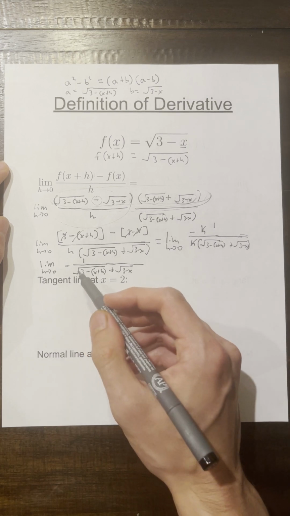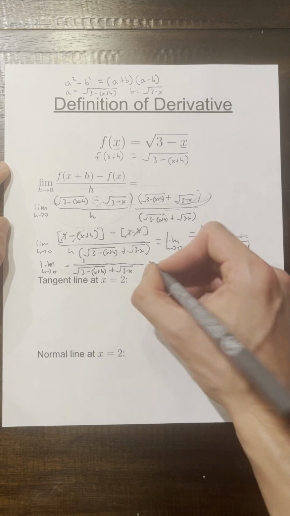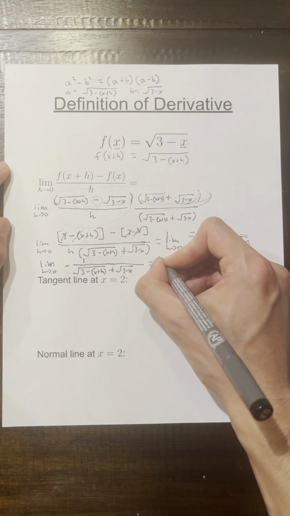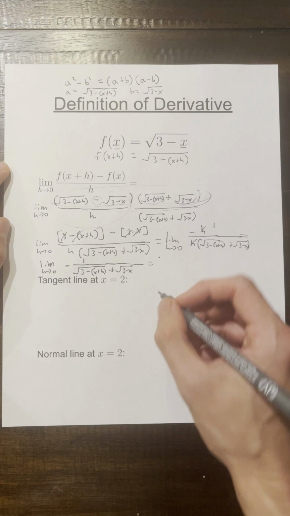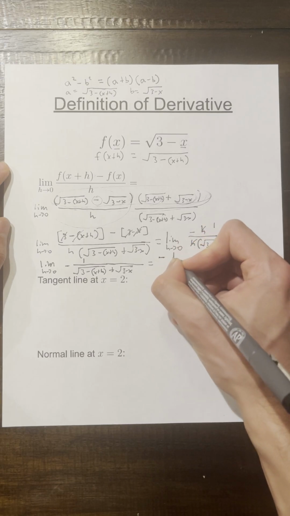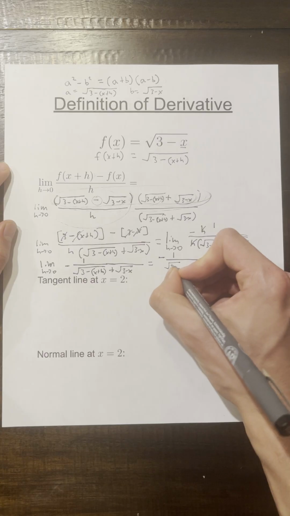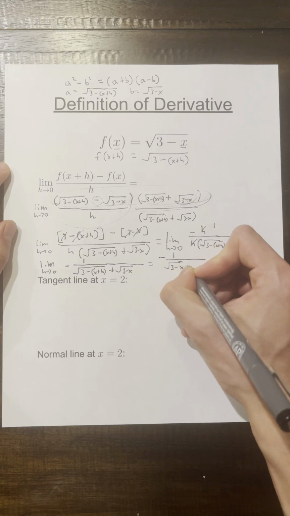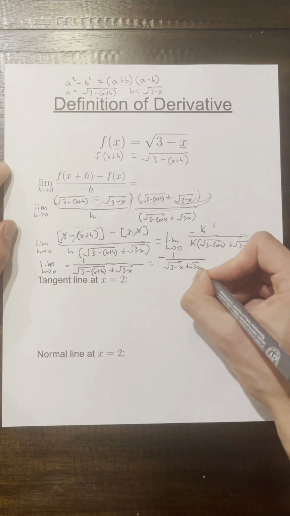Okay, and how do we calculate this limit? Well, we can plug in 0 for h, so it's going to be negative 1 over square root of 3 minus x plus square root of 3 minus x.